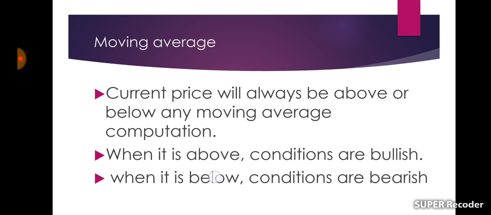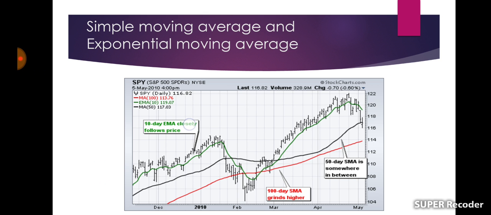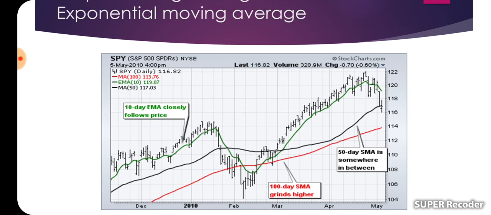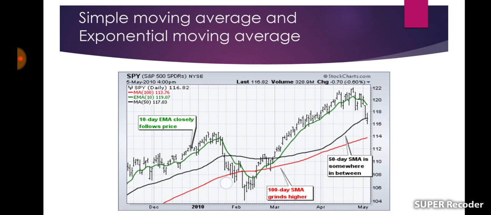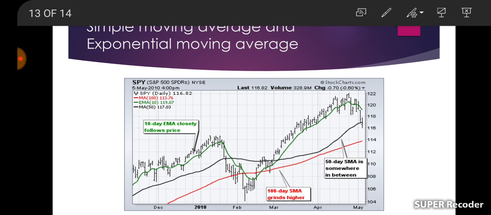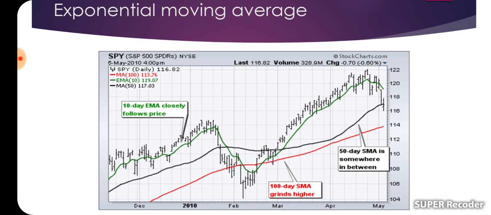Now, the current price will always be above or below any moving average computation. When it is above, conditions are bullish, and when it is below, conditions are bearish. Here you can see the current closing prices are above this simple moving average line, so here it is a bullish tendency.